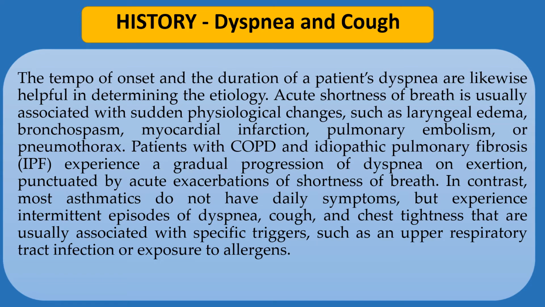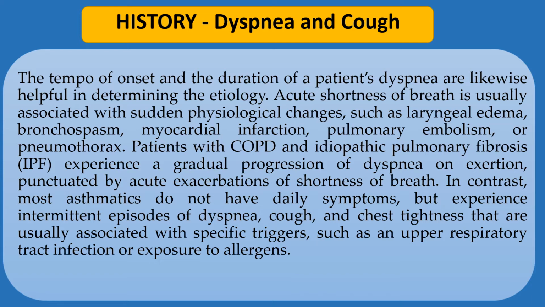The tempo of onset and the duration of a patient's dyspnea are likewise helpful in determining the etiology. Acute shortness of breath is usually associated with sudden physiological changes, such as laryngeal edema, bronchospasm, myocardial infarction, pulmonary embolism, or pneumothorax.